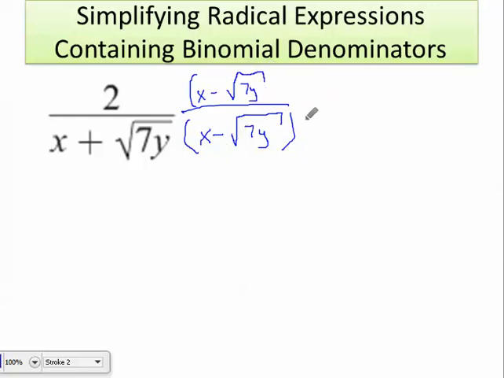What I'll wind up with in the denominator is x squared minus 7y. What I'll wind up with in the numerator is 2x minus 2 square roots of 7y. That's the way you rationalize that. That's how you would get that in simplest form.